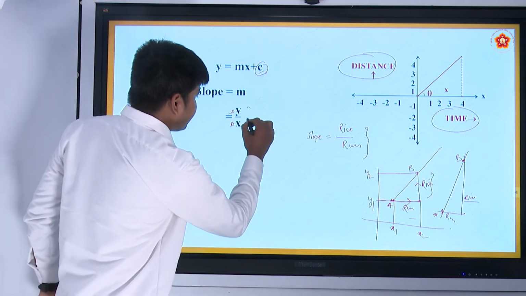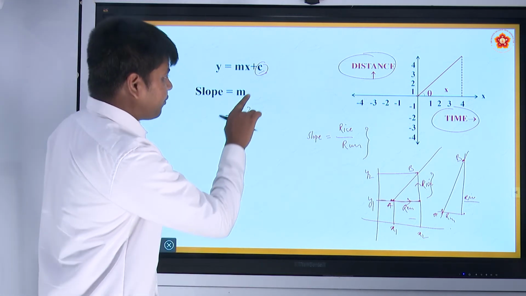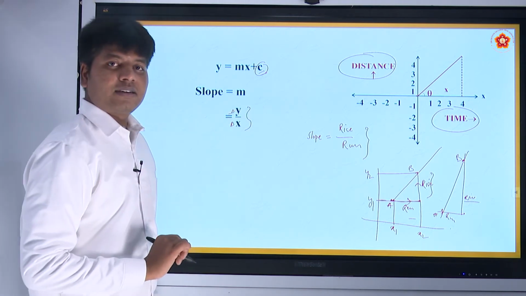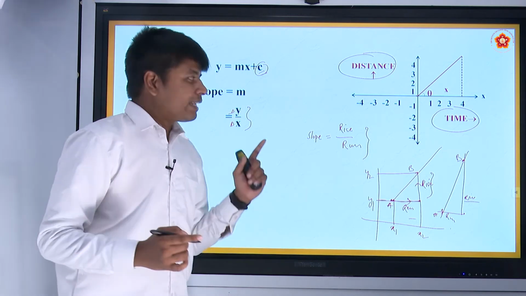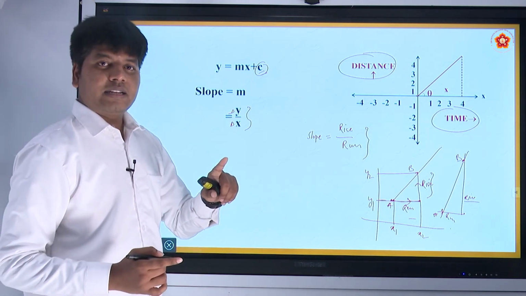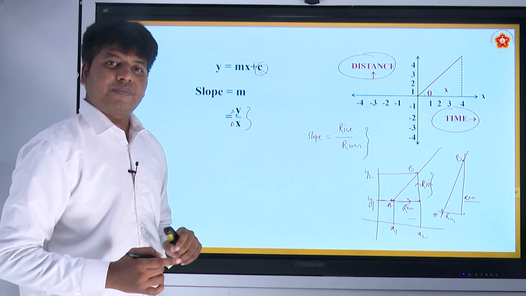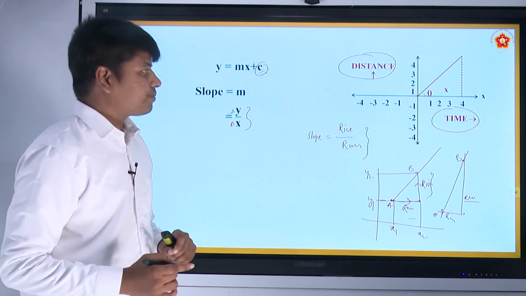This y by x ratio, this comparison between the y axis and x axis, with respect to x how much y is changing, can also be seen in another quantity. How?